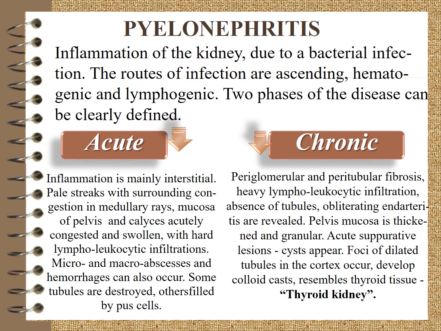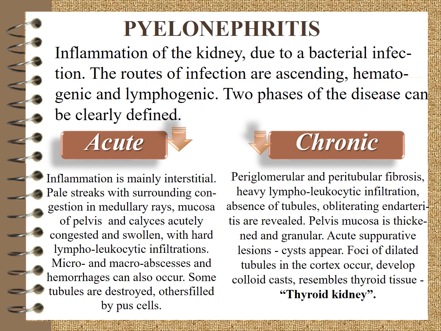Microscopically, there is suppuration in the cortex and medulla. Inflammation is mainly interstitial. Glomeruli are usually unaffected. Pale streaks with surrounding congestion are seen in medullary rays, and the mucosa of the pelvis and calyces is acutely congested and swollen with lymphocytic infiltration.